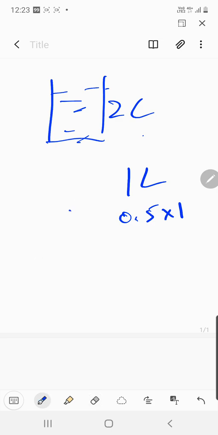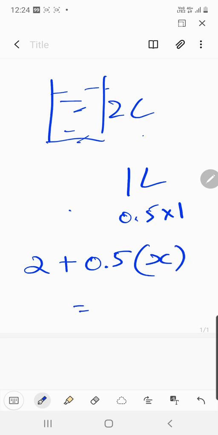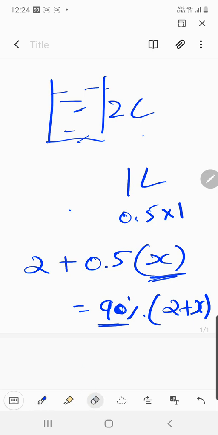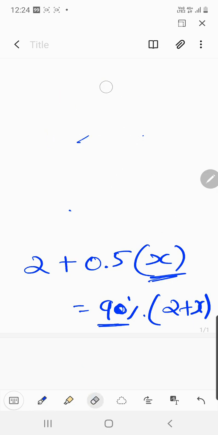So 2 liters of water. You have 2 liters of water plus a 50% solution of water. So 50% solution of water makes a 90% solution of water. Remember, we're doing water, of 2 plus x. We don't know how much the x is. Cool, we figured this out.